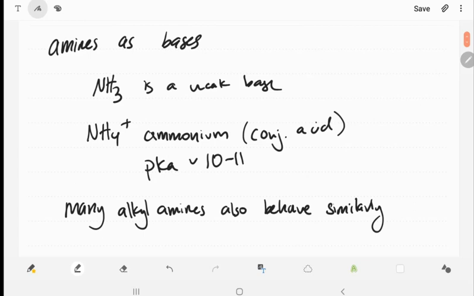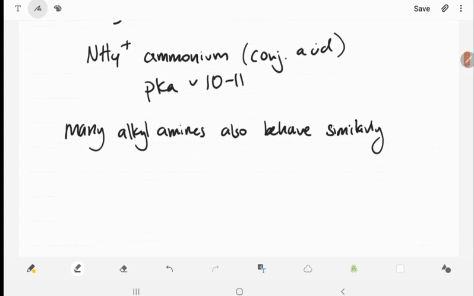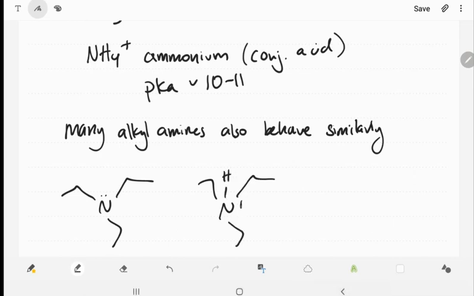No matter what crazy stuff we put on them, if we take triethylamine and make triethylammonium, that also has a pKa of roughly 10 to 11. So all these alkyl substituents don't really change our pKa. Put whatever alkyl groups on, you probably won't change the basicity of it.